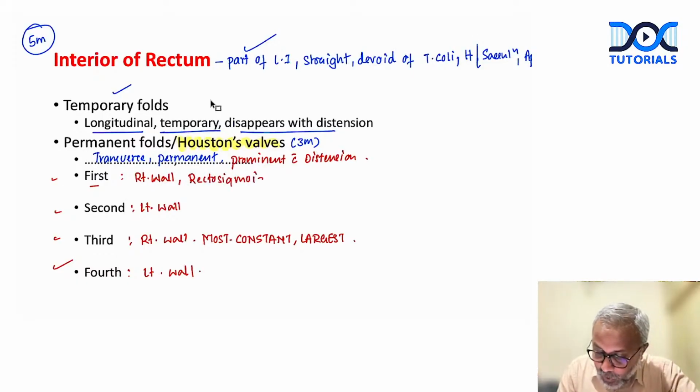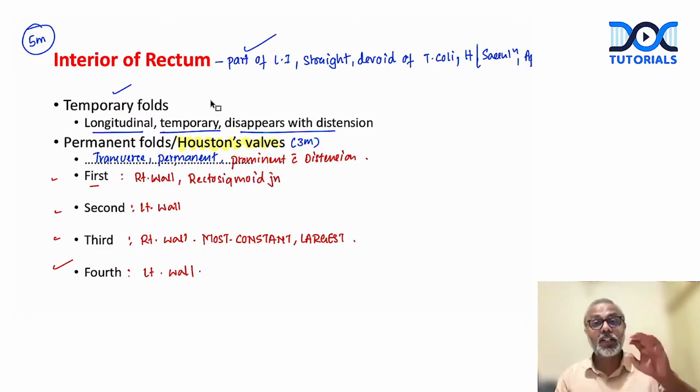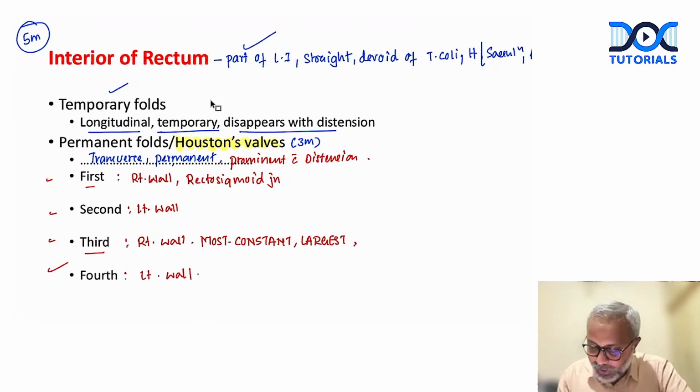So this is found exactly where the sigmoid colon continues as the rectum. So this is the location of the first valve, right? Rectosigmoid junction. Now, where is the third valve present? Remember, the third valve is present at the level of the rectal ampulla.